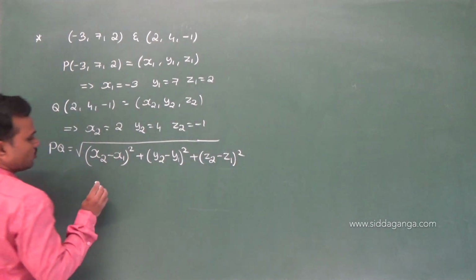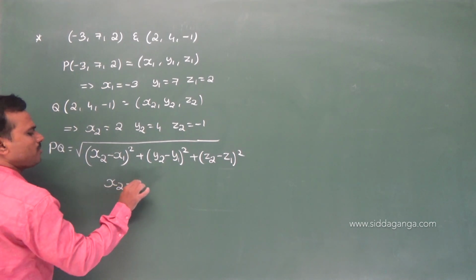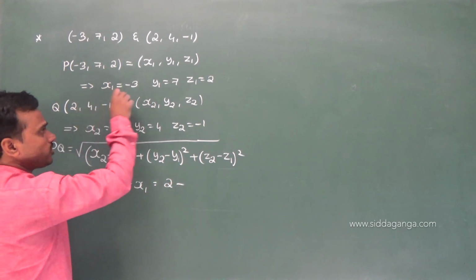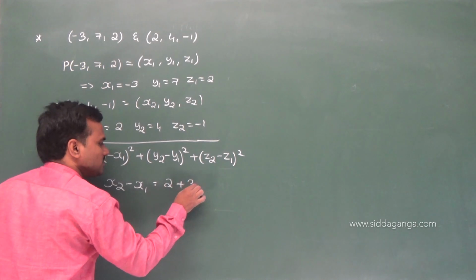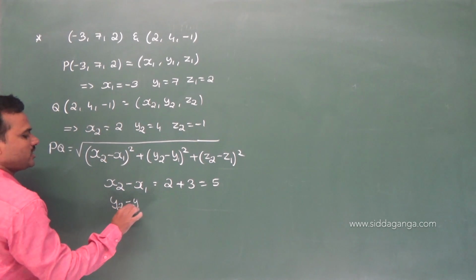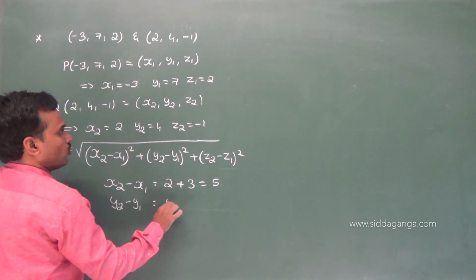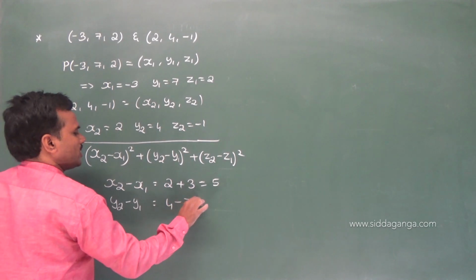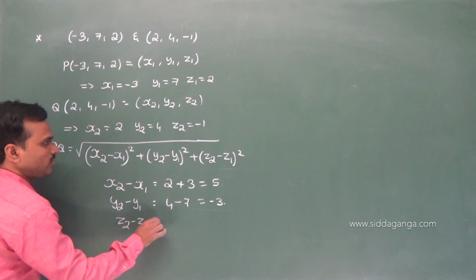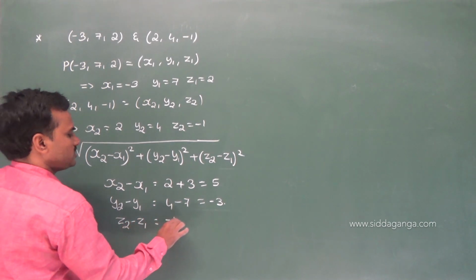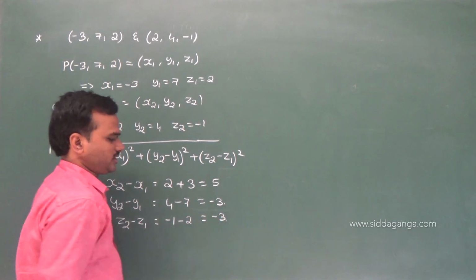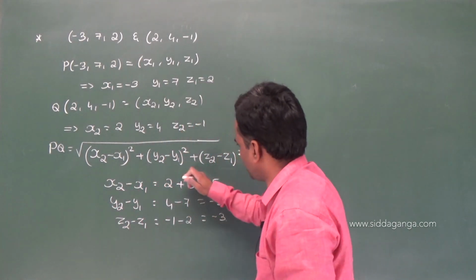Firstly, we find one by one. x2 minus x1: x2 is 2, x1 is minus 3, minus into minus is plus, 2 plus 3 is 5. y2 minus y1: 4 minus 7 is minus 3. z2 minus z1: minus 1 minus 2 is minus 3. Correct? Substitute all these values here.